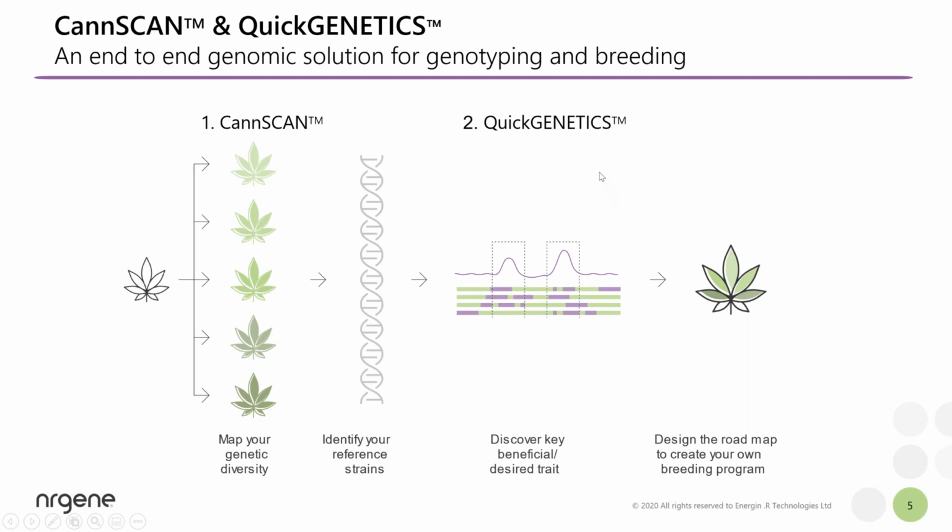It can be a standalone, meaning you could use CannSCAN to create a genotyping pattern for your germplasm, but we really would like and prefer that it is a first step and you move from CannSCAN and understanding your genetic diversity and move towards the breeding program and do larger projects with us in terms of trait mapping and breeding and reaching a roadmap, and finally new cultivars developed with our genomic tools.